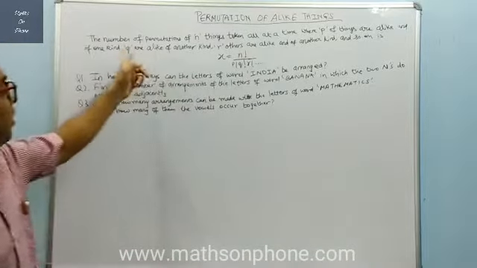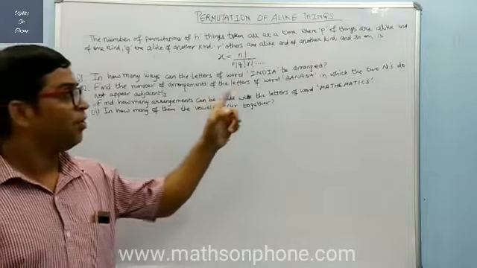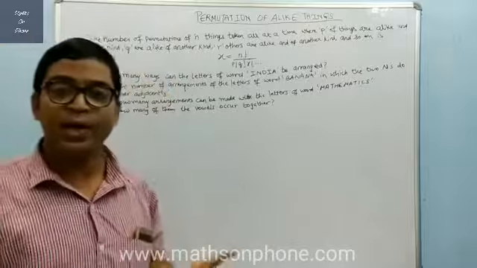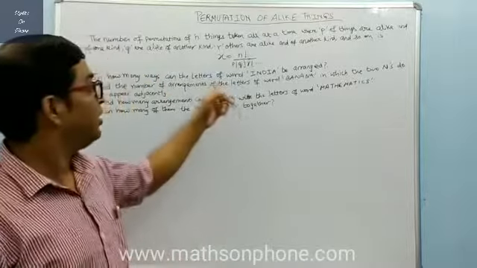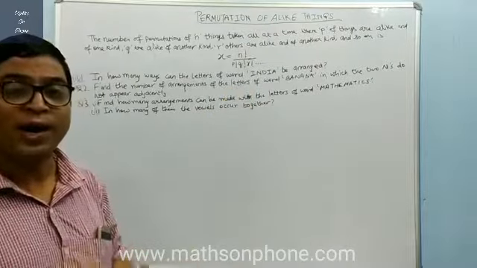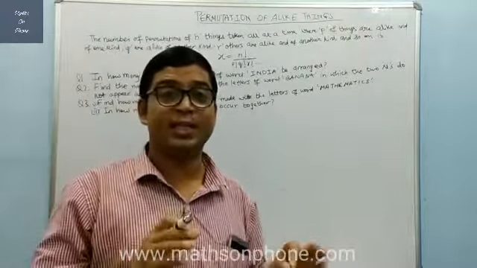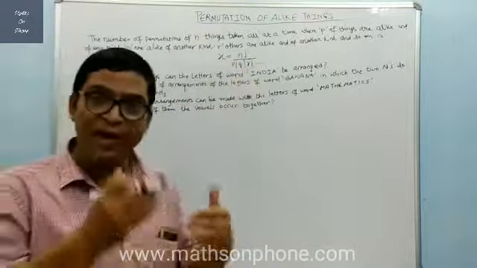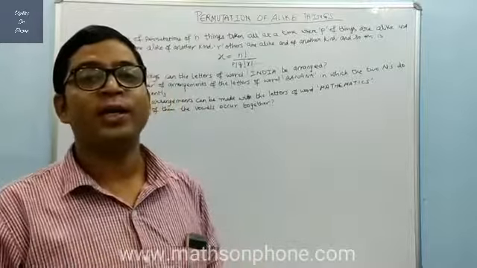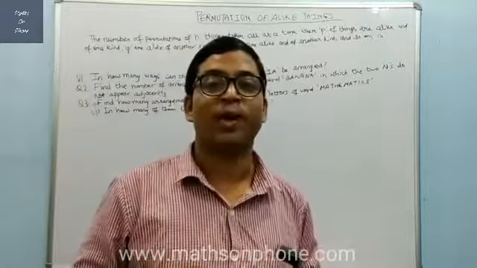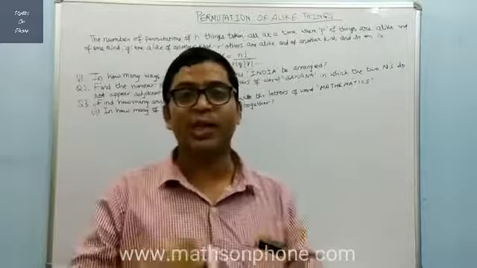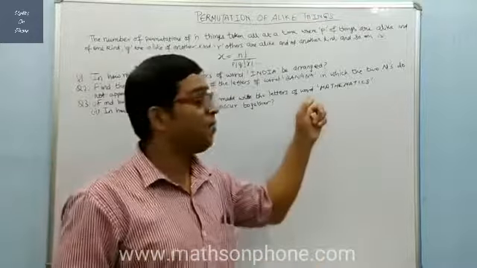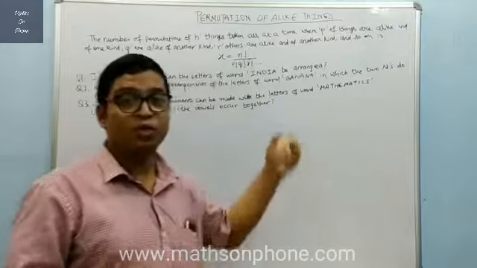See, the number of permutation of n things where p are of one type, q are of another type, and r of another type, they are alike, then total number of ways of arrangement taking all the letters at a time, the important thing is we are taking all the letters, so it is n factorial divided by p factorial into q factorial into r factorial, because p things are alike, q things are alike, and r things are alike. So this is very important theorem.